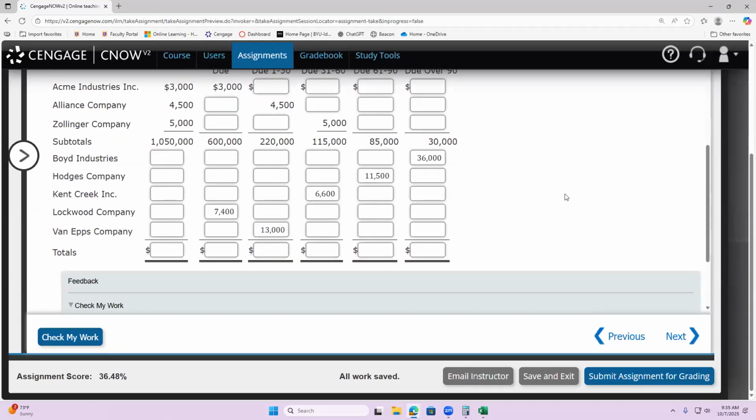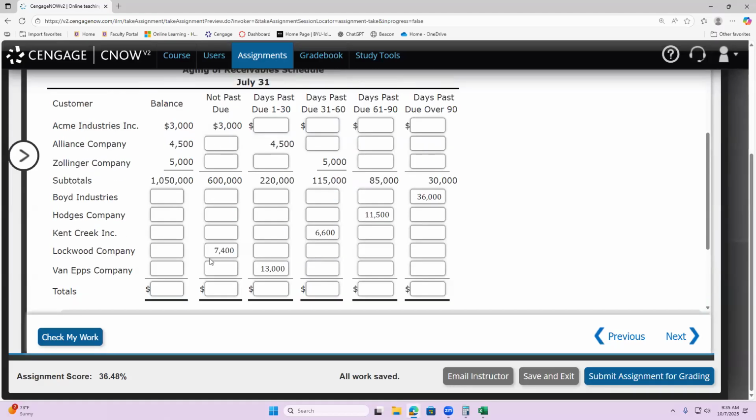So all I've done is I've categorized, right, all of those past due accounts receivable, put them into the right columns. And now I have to do a total for each of these columns. So balance, this is weird, but what I'm doing is I'm adding up all of these in this row and putting them over here because it's the overall balance.